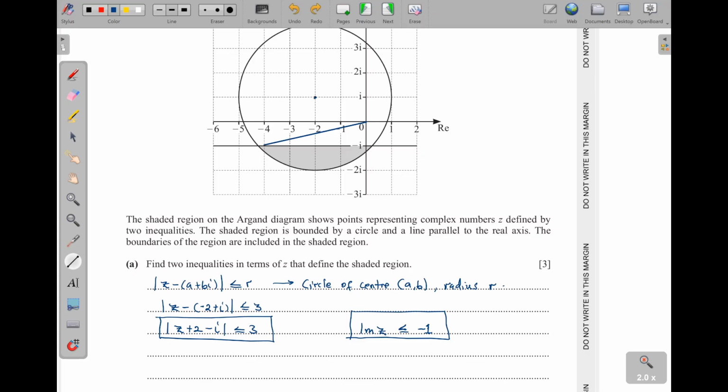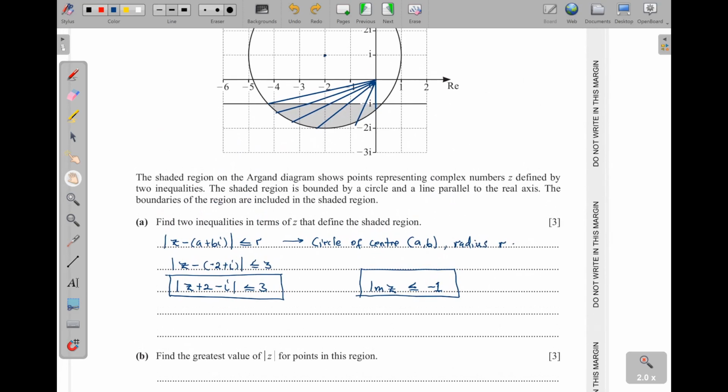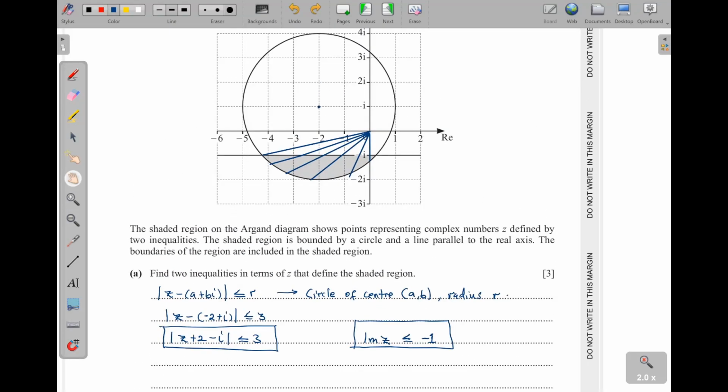We draw lines to these points in this region, and ask which one gives the greatest length, because we are having modulus here, it is about the length. So which one do you think gives the greatest length? I think it has to be this first one here. The rest are going to be smaller lengths.